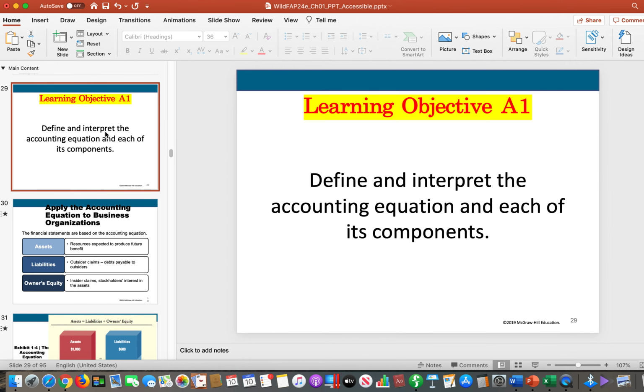Now, let us get to another thing here. What I want to do is pretty much divide this lecture up into 3 components.